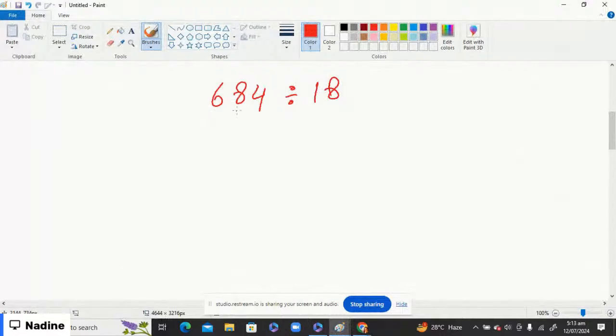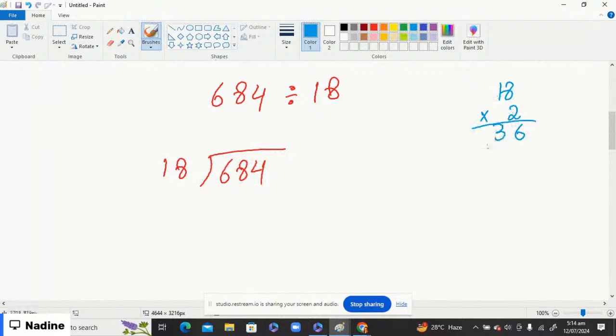So let's just put it inside this division. 18 times which number is closer to 68? Check. First of all, 18 times 2. 2 times 8 is 16. 2 times 1 is 2 plus 1, that is 36.